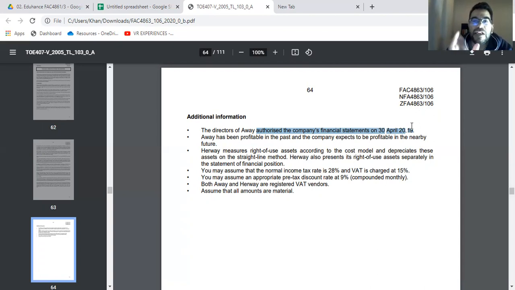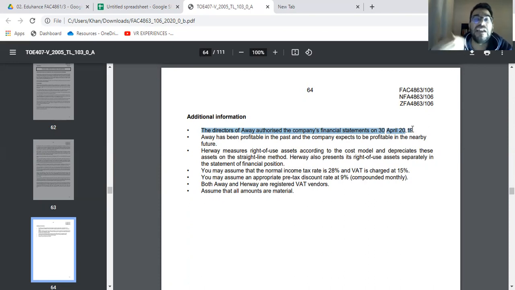Now, in that period, 2 types of events can take place: either an adjusting event or a non-adjusting event. So if you have an adjusting event that takes place between 1 March and 30th April, then you're going to have to go back and change your financial statements. So just take note, that is why they're giving you this over here, because anything that happens from year end up until 30th April 2019, up until the date the directors authorize or approve the financial statements, is a period where you can make adjustments to your financial statements.